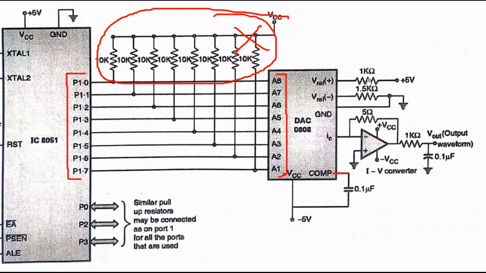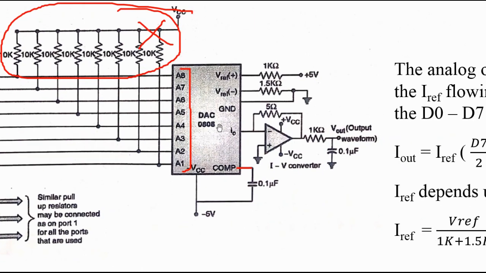The reason is that, on the basis of those resistor values, the analog equivalent of this digital line is obtained in the form of current. The value of this current depends upon the value of those resistors and those digital lines. So for that purpose we have used those 1 kilo ohm and 1.5 kilo ohm resistors.